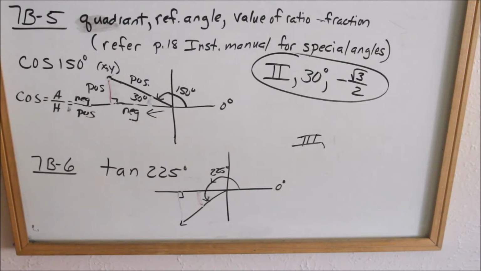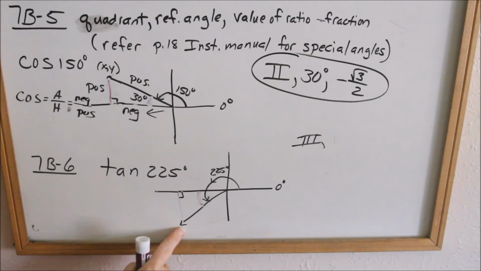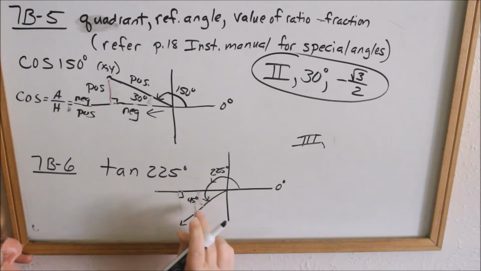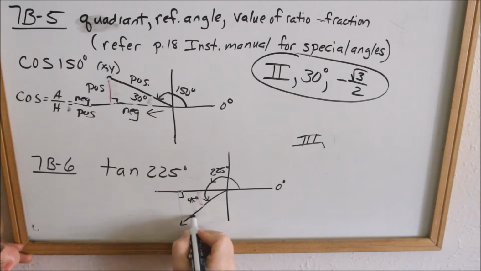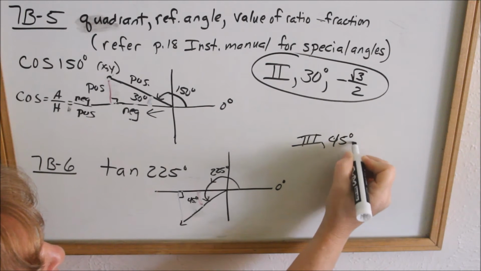That's the reference angle, because the reference angle has to be acute, less than 90 degrees. Well, I know that this line is 180, so to go all the way to 225, you do 225 minus 180, and that should be 45 degrees. So my reference angle is 45 degrees.